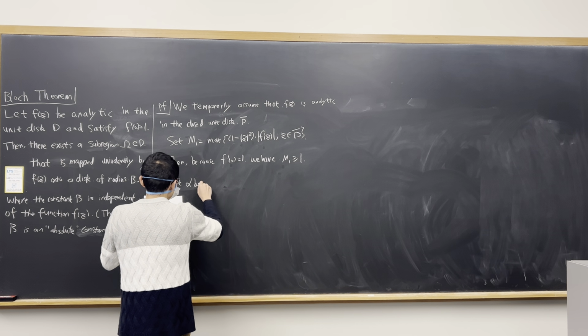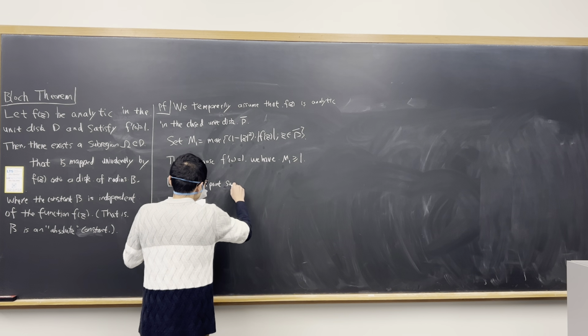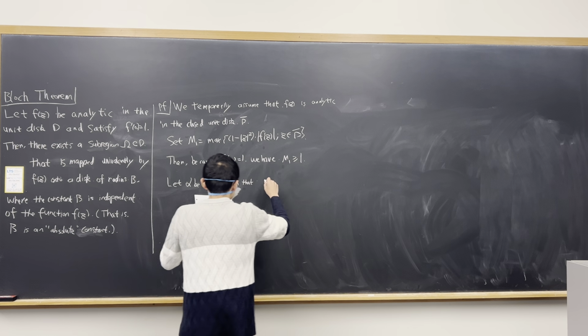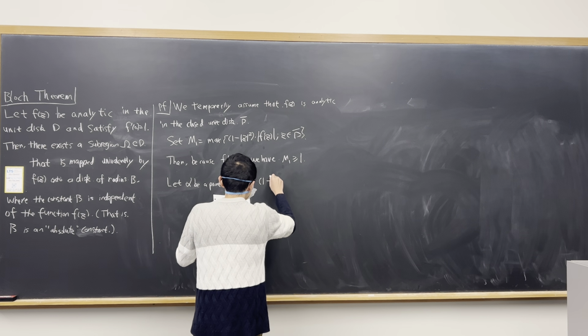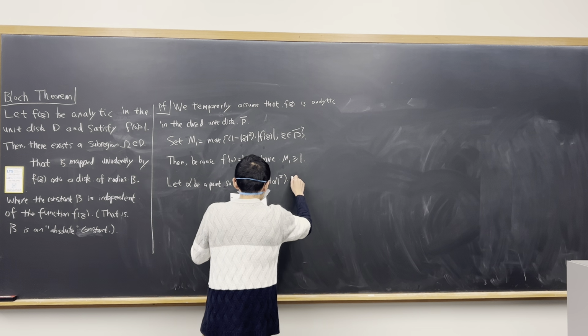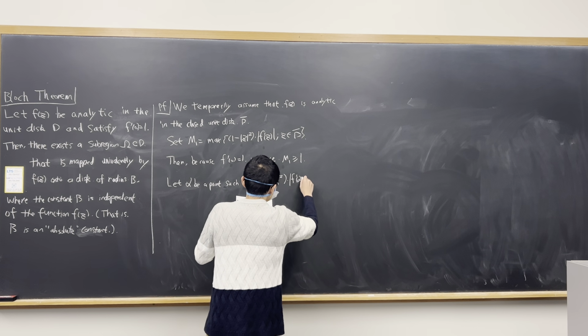All right, so now let alpha be a point such that 1 minus modulus of alpha squared times f prime alpha is equal to M1.